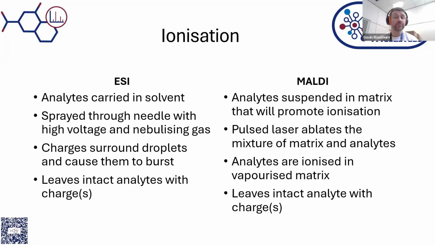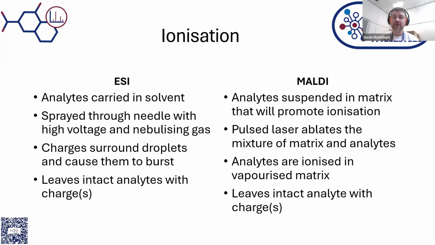We also have MALDI. In MALDI, our analytes are suspended in a matrix, and this matrix is there to promote ionization. We can then pulse against this matrix with a laser. That laser is not high powered enough that, if the matrix wasn't present, it would ionize things. We can use a really soft powered laser, and we can use that matrix to help us promote ionization.